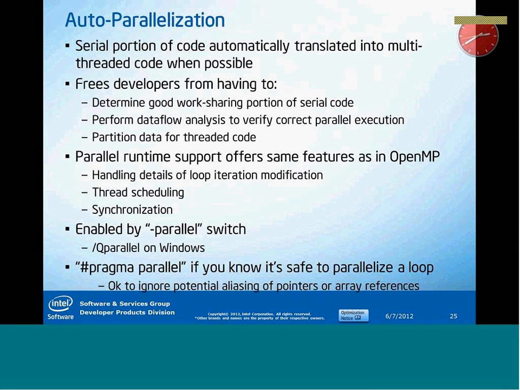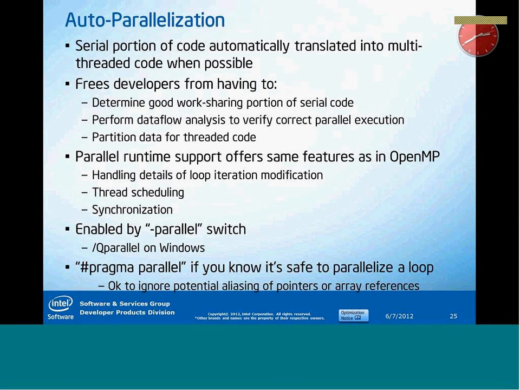The last feature for the low-hanging fruits in particular is to use the -parallel switch. The -parallel switch comes in quite handy if you don't have much time to analyze your source code and introduce parallelism on your own. When you provide this switch, the serial portion of your code automatically gets translated into multi-threaded code whenever the compiler sees that as a possibility.